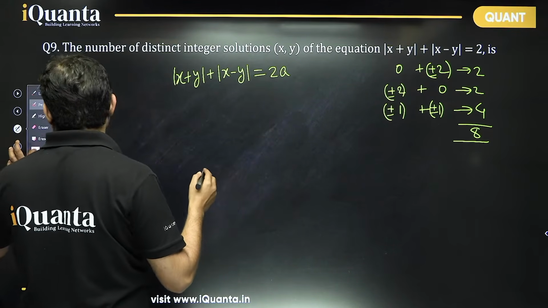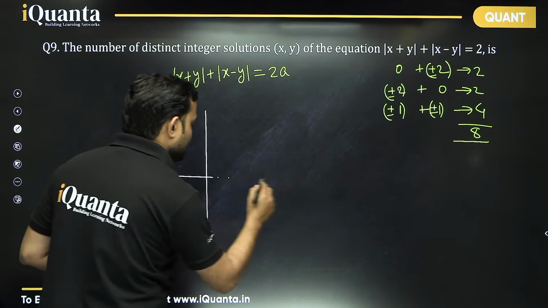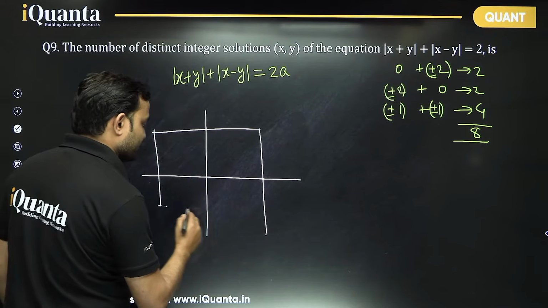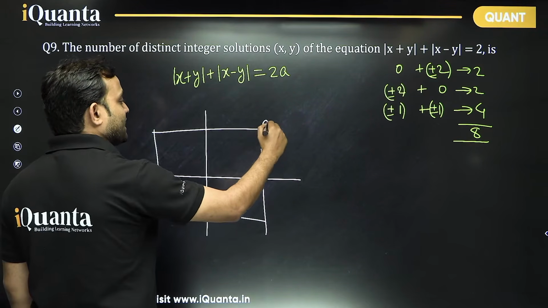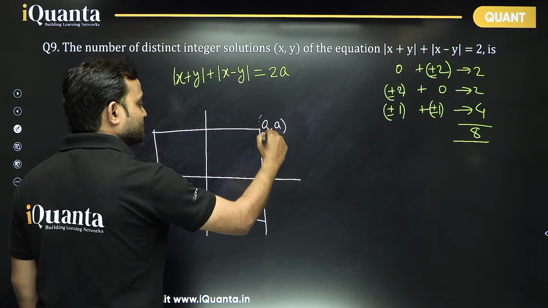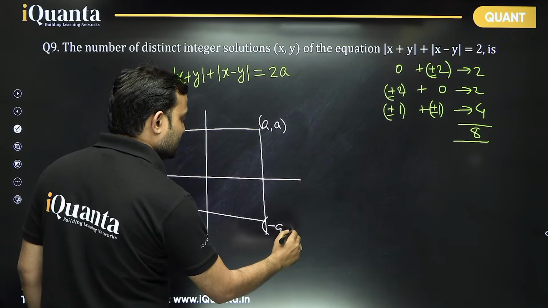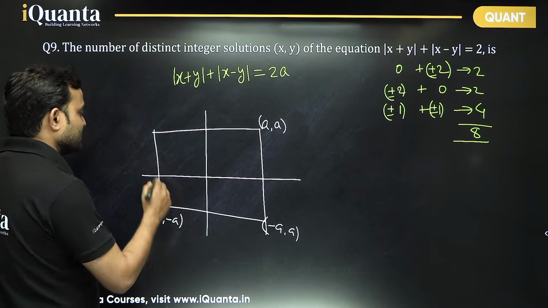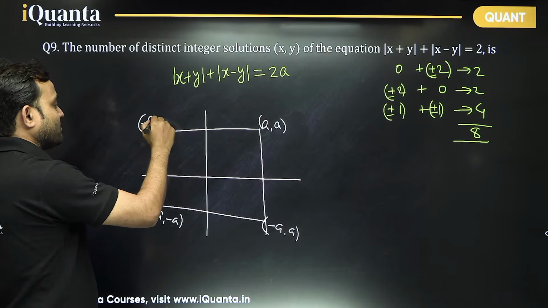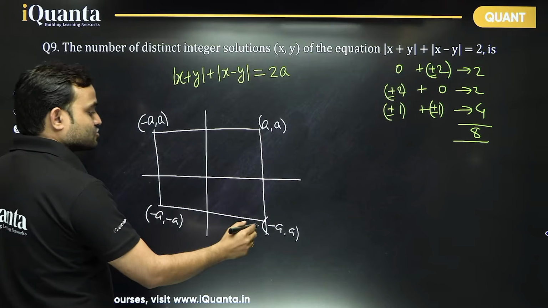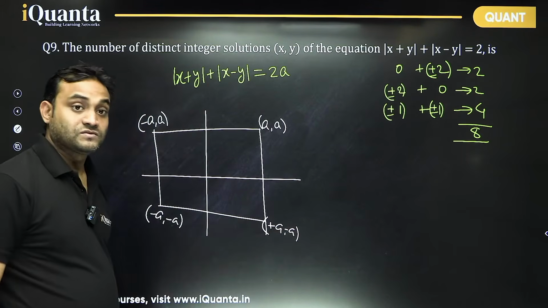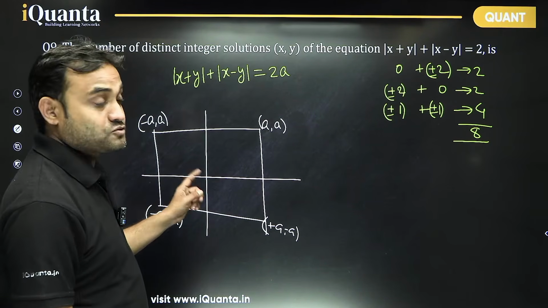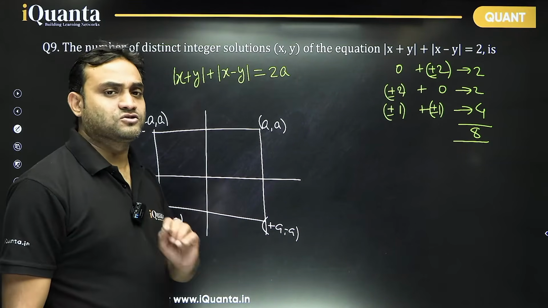The graph of this equation is this. This will be a, this will be minus a, this will be minus a, and this will be minus a, right? So in that case, you can find the number of solutions very easily. Otherwise, it's not for you.